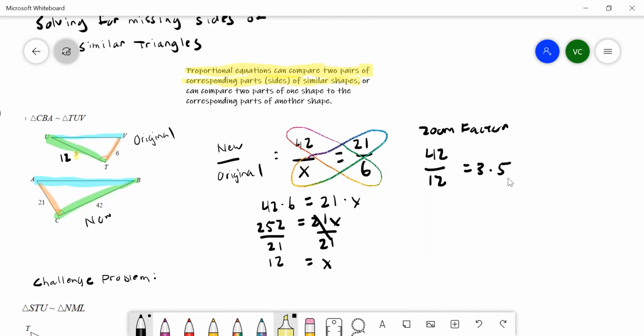So this is our zoom factor. And that means if we multiply every side of our original by 3.5, we should get the new. So let's try it out. 12 times 3.5, if you put it into your calculator, that's going to equal 42. And then 6 times 3.5, you're going to get 21. And so it works out.